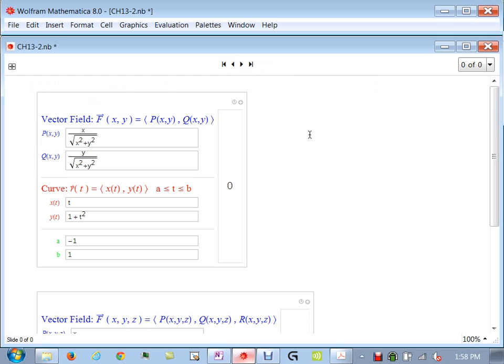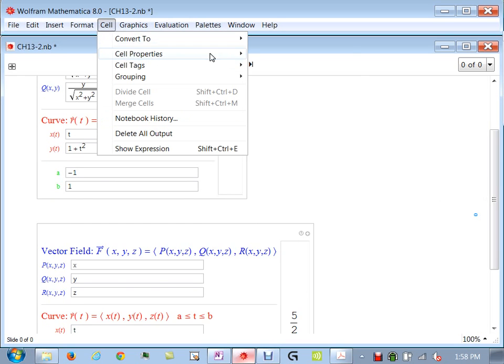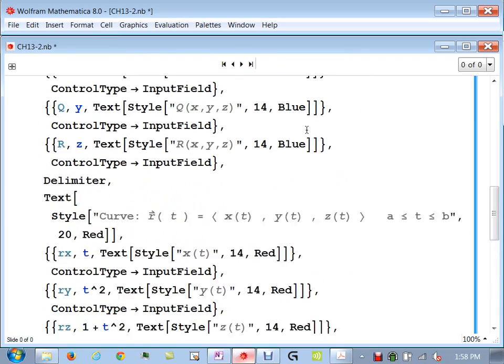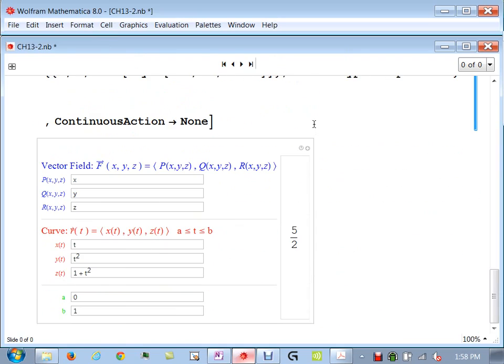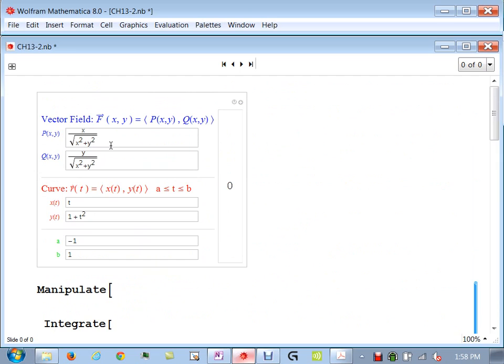I also created something. This is a little thing that I built. This is the problem we just did.